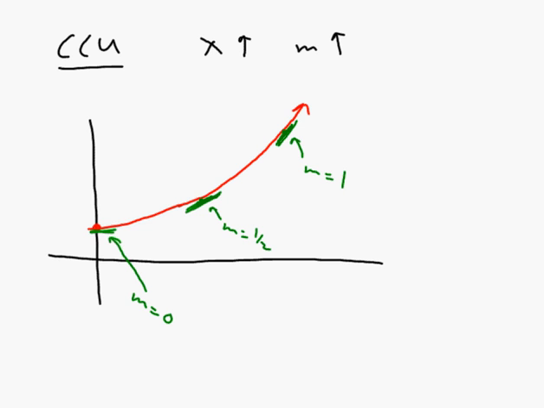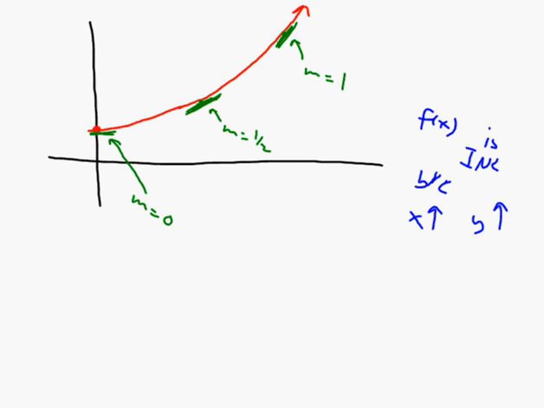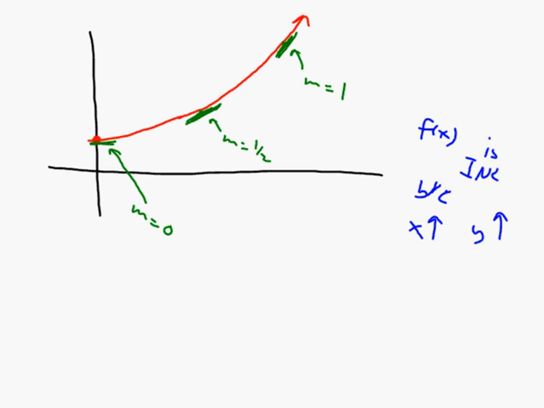Now, just for review, is this function increasing or decreasing? This function is increasing because as x goes up, y goes up. But maybe you can get the job done a little quicker by noticing all those slopes that we just drew, all those little green tangent lines, have positive slope.